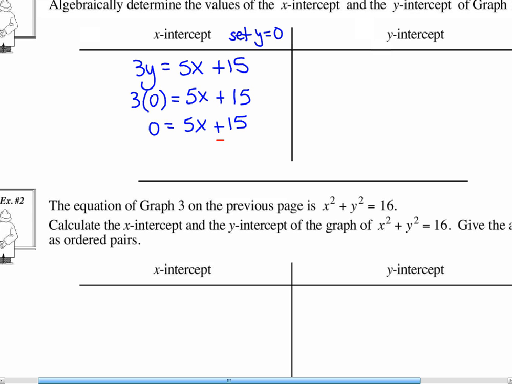Subtract 15. So 0 minus 15 is negative 15, equals 5x, and then divide by 5. So x is negative 3. So the x-intercept is equal to negative 3.